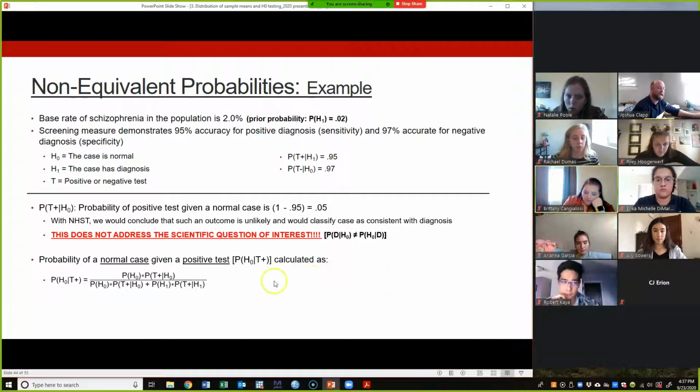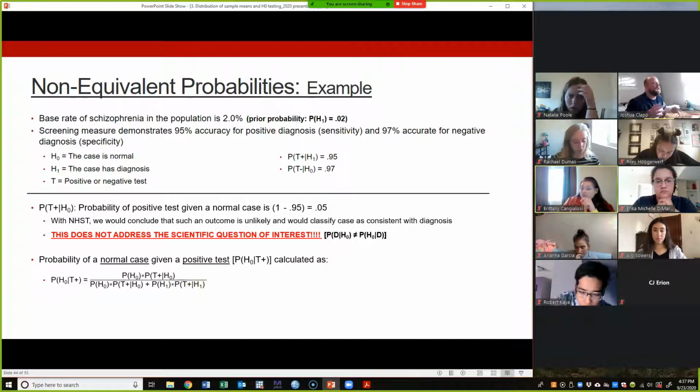We actually need to calculate this as the probability of the null times the probability of a positive test given a non-case, over the probability of non-diagnosis times the probability of a positive test given a null case, plus the probability of a diagnosis times the probability of a positive test given a positive case. Okay, so mathematically, the question we're actually interested in is pretty complex.